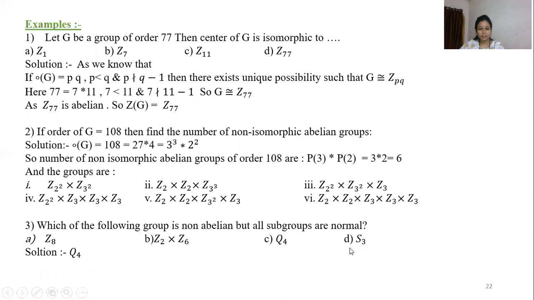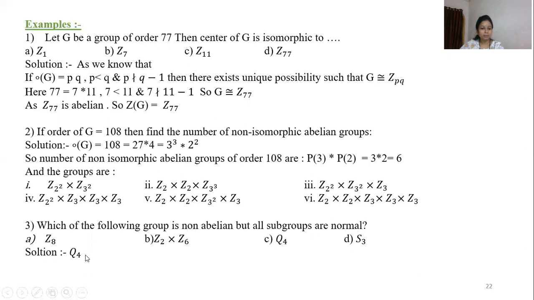We have two options which are non-abelian: Q4 and S3. In S3, each and every subgroup is not a normal subgroup. Previously, we have seen one subgroup of order 2 which is not a normal subgroup of S3. Therefore, we can cancel this option, and we are left with only Q4.